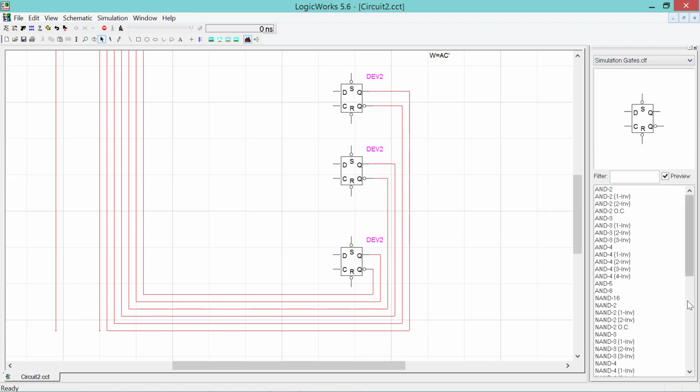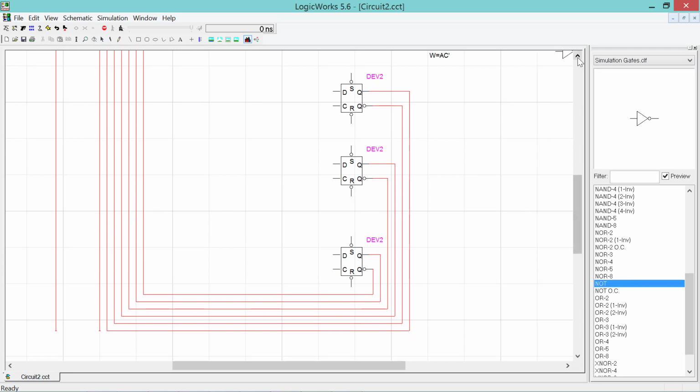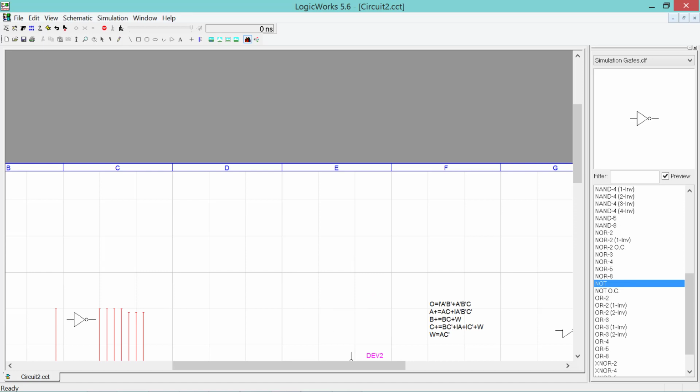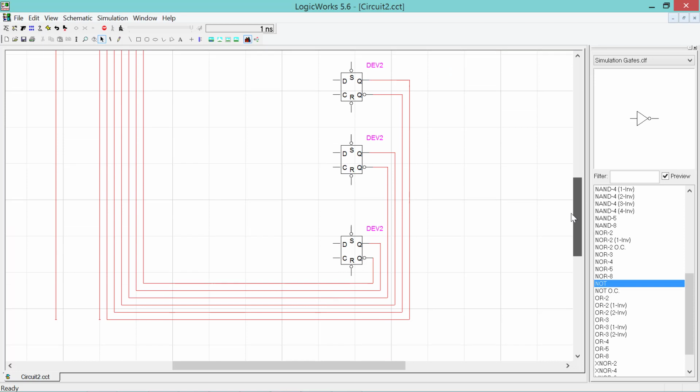Simulation gates. Let's place an inverter, also called a NOT gate. Actually, maybe a better location for the NOT gate would be further down.